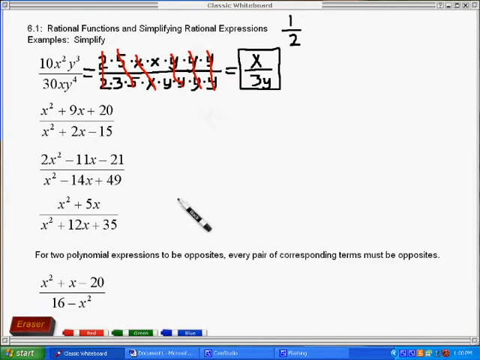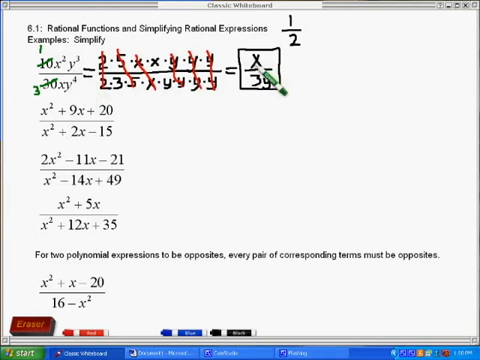Now, again, as I mentioned earlier, the way you would probably do this if you saw this on a test is you do something like, okay, well 10 goes into 10 once, 10 goes into 30 3 times, so that leaves 3 on the bottom, which we had, and then there's 2 x's here and 1 down here, so there must be 1 x left on the top, and there's 3 y's on the top and 4 y's on the bottom. That leaves 1 y on the bottom, and we'd come to this answer.